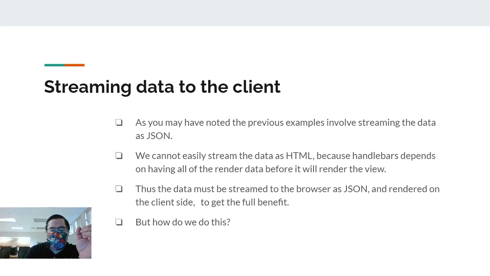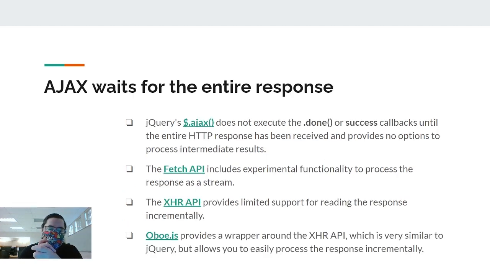So how are we going to do this streaming? Typically, it's worth noting, Ajax waits for the entire response to come back to you. The naive version of Ajax that we've used so far always waits for the entire thing to be there before we do anything with it.